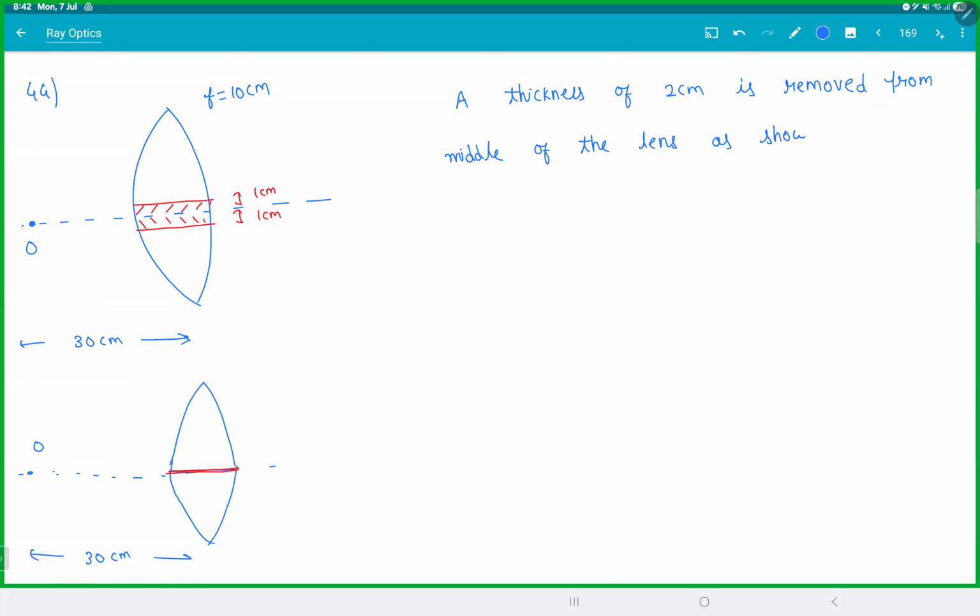Find the images, and the remaining parts are joined. Find the position of the image. Something happens.